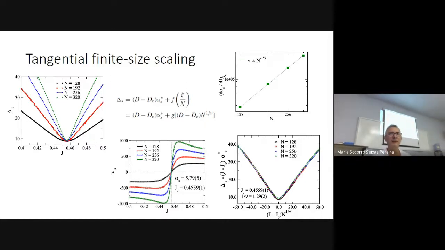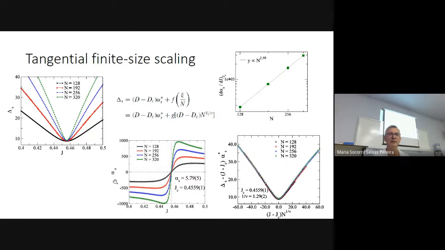So here is our tangential finite size scaling analysis of this Gaussian transition, performed in the same way that I showed you before. We have to split the linear contribution from the gap curves. The gaps touch tangentially, so we have to split the linear contribution.